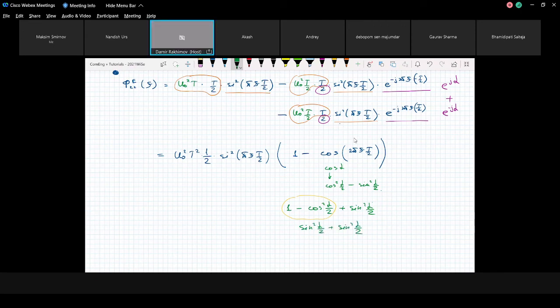And we can rewrite this expression. We can write it as 1 over 2 u0 squared t squared times c square pi f t over 2 times sine squared, and then we have pi f t over 2.